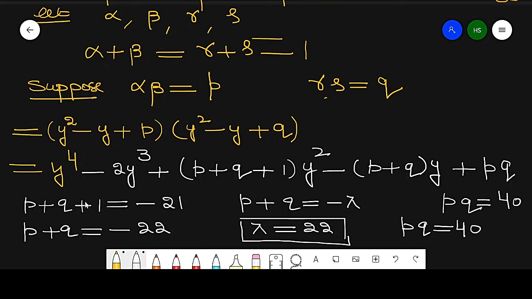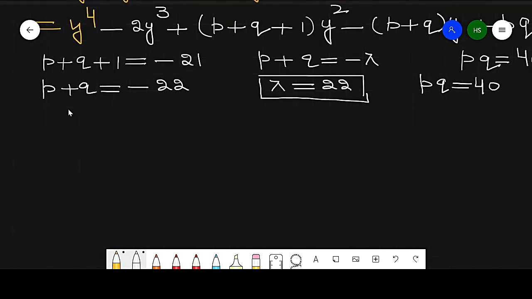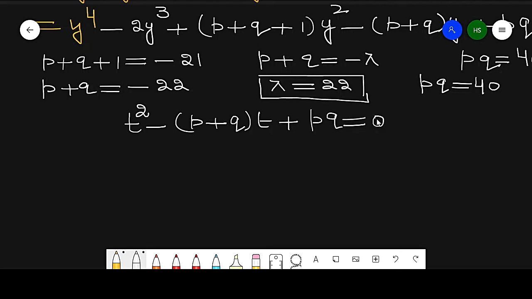Now to find the values of p and q, we construct a quadratic equation whose roots are p and q. That equation is t square minus p plus q into t plus the product pq, which is equal to 0.